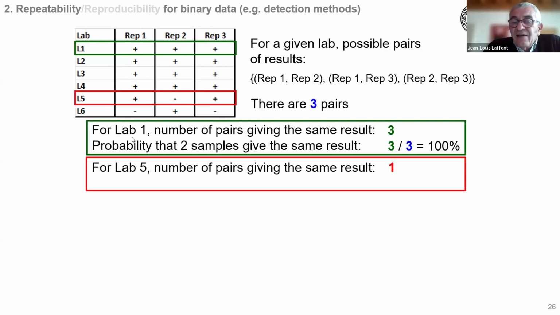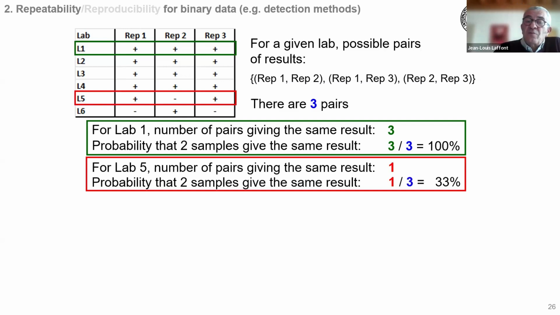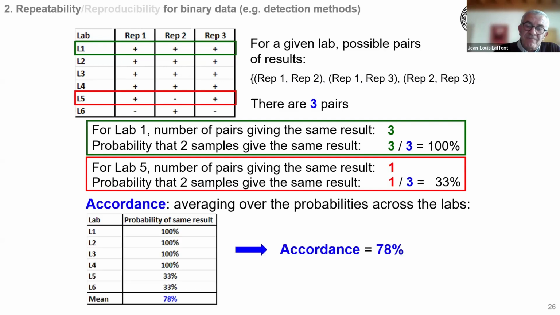For lab 5, the number of pairs giving the same result is equal to 1. So the probability that 2 samples give the same result is equal to 33%. Then accordance is defined by averaging all these probabilities across the labs, and we get 78% as a mean. So accordance for this particular data set is equal to 78%.